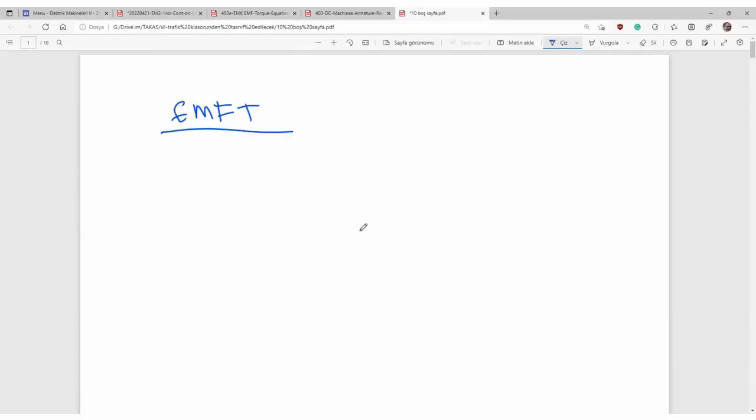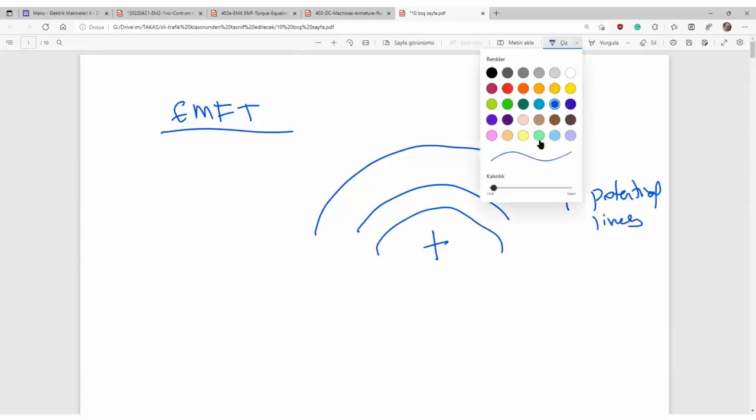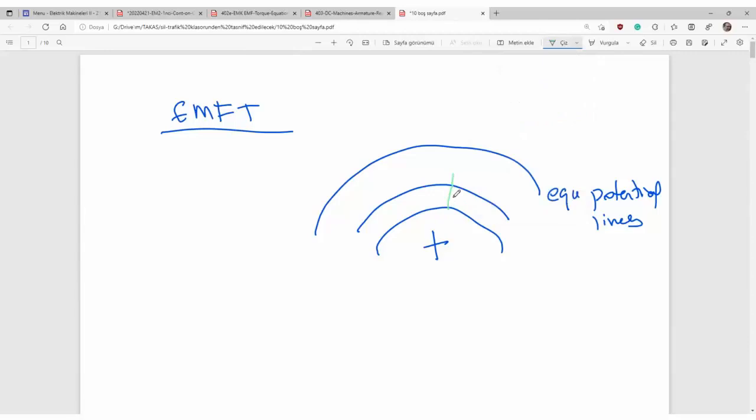There were, let's say, positive charges, and here were equipotential lines, and electric field lines were always perpendicular to equipotential lines. The E field, that is the voltage, was always perpendicular to equipotential lines, that is the potential.